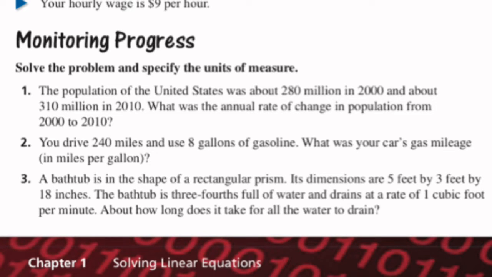Problem 1. The population of the United States was about 280 million in 2000 and about 310 million in 2010. What was the annual rate of change in population from 2000 to 2010? Number 1.